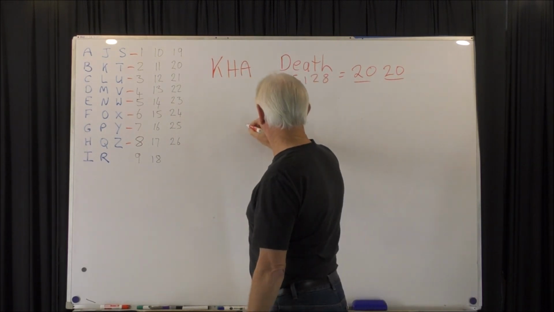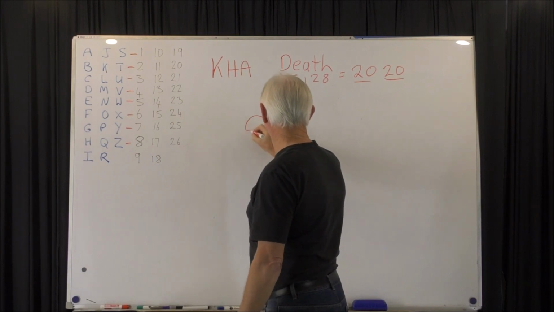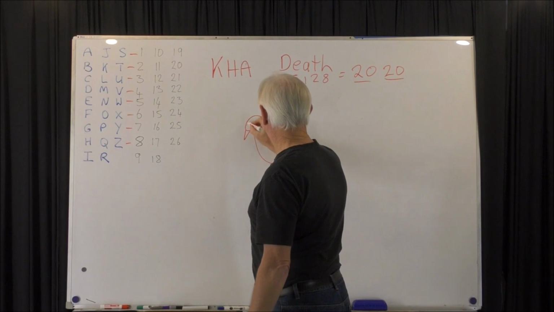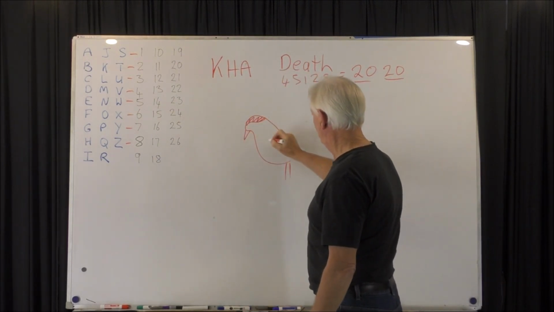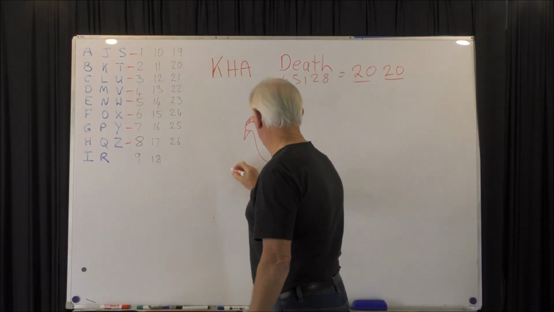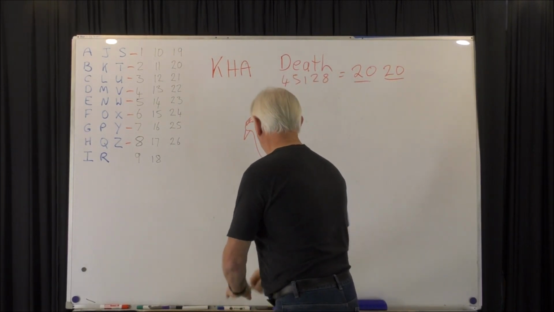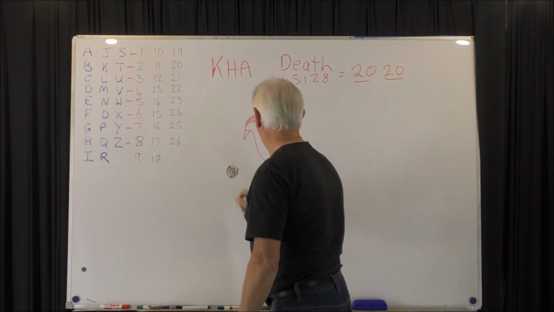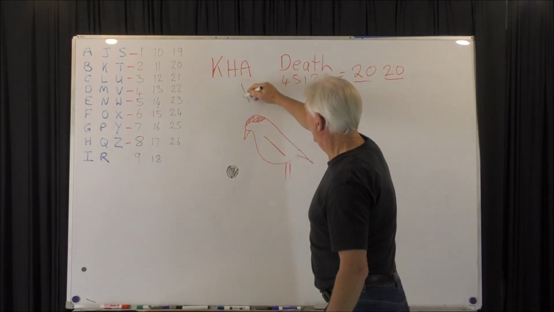So could you imagine, it looks a bit like this. It's got a beard, it's got a human head, and it's got a bird body. And in front of it, the symbol is a ball that's coloured black, and that represents the word Ka.